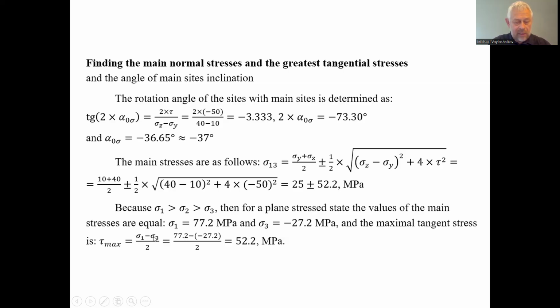minus sigma 1 minus sigma 3, the two main stresses, just the difference divided by 2, 52.2 megapascal.